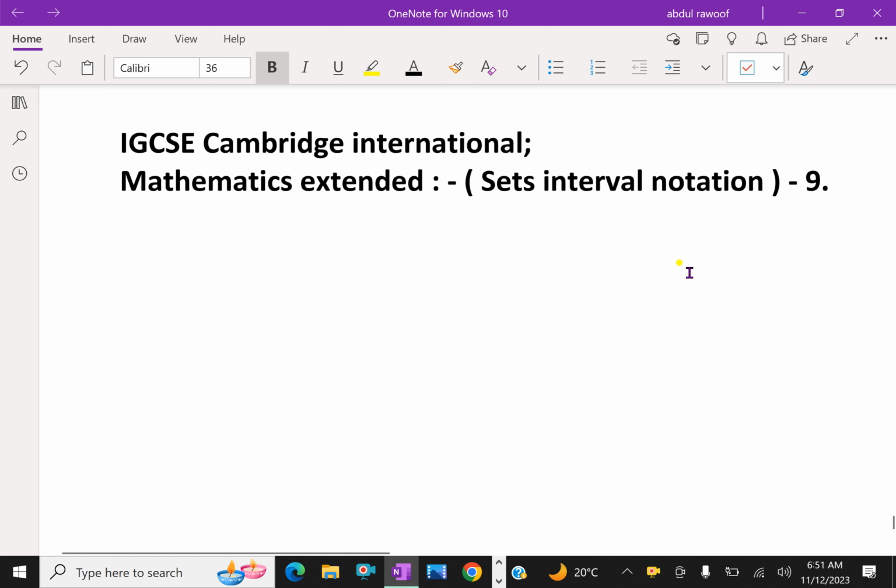Here, interval notation allows us to quickly describe a set of numbers using mathematical symbols only.